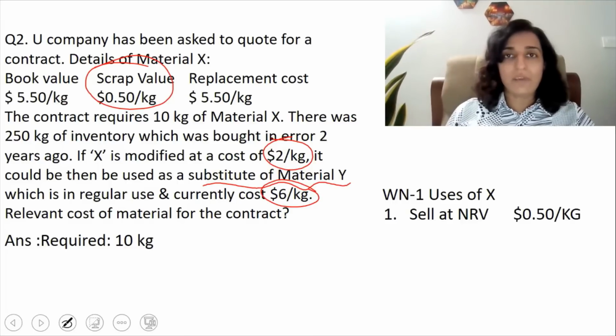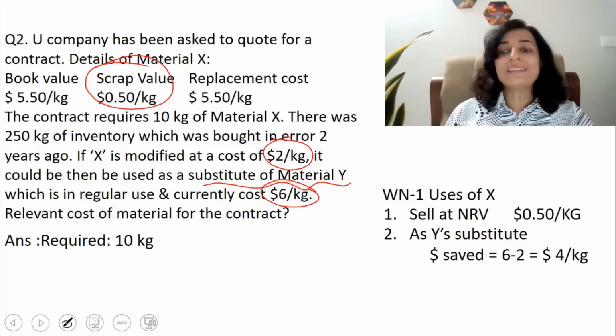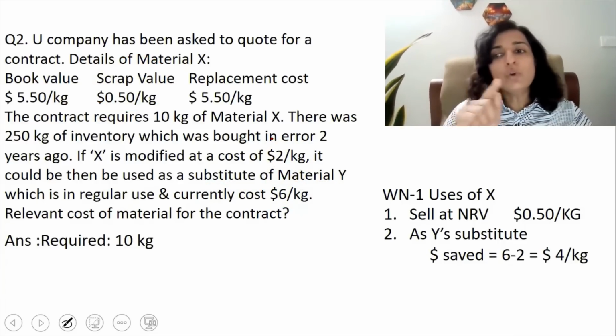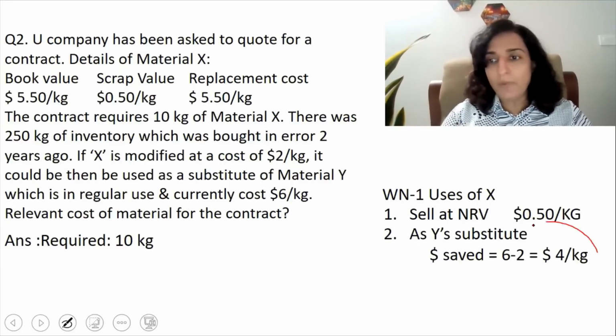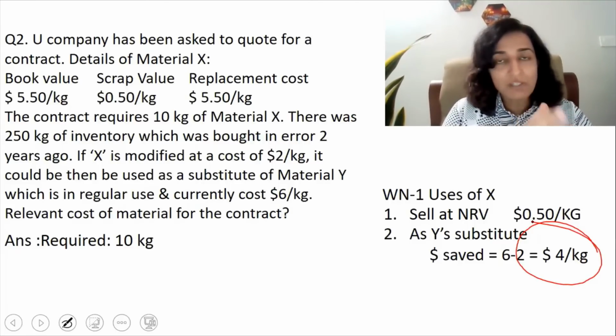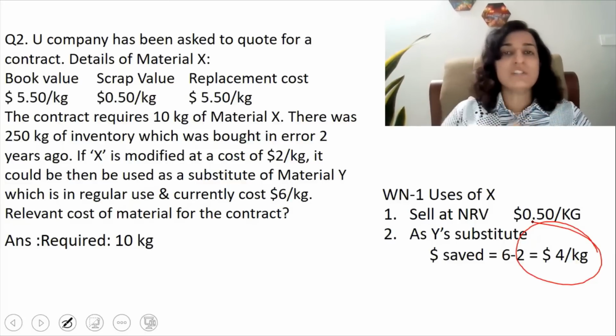You could either sell X at NRV, wherein you will get $0.5 per kg, or you could use it as a Y substitute, wherein you will be saving 6 minus 2, or $4. So do you want $0.5 or do you want $4? Naturally, we want $4, right? So among these two uses, we would be opting for the second use. We would be using material X as a substitute for material Y. That is its present use.